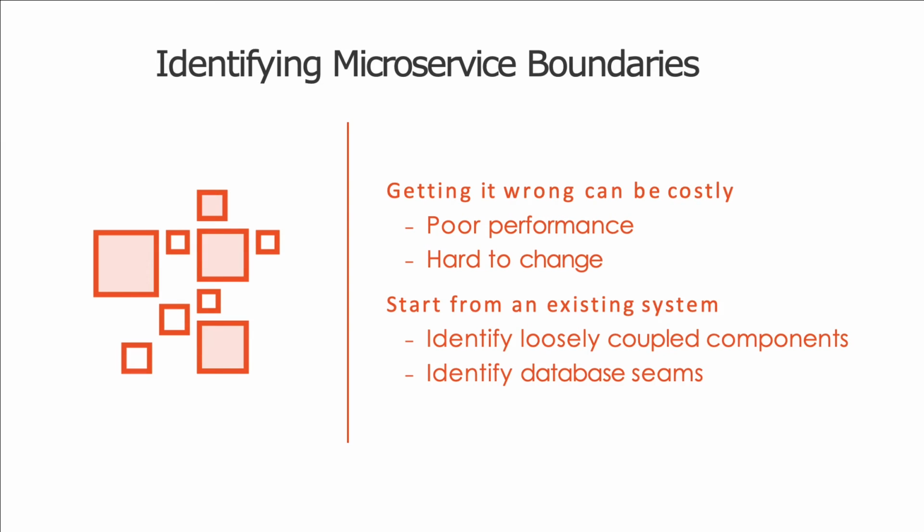To avoid all that, and I will repeat myself, I just want to pinpoint this idea about the identification of the boundary. Getting it wrong can bring poor performance. Why? Because having any mistakes or wrong boundary between business capabilities will be translated into chatty communication between different microservices.